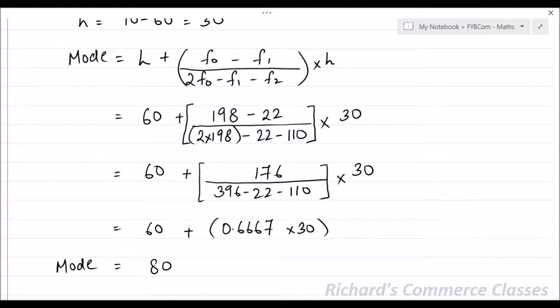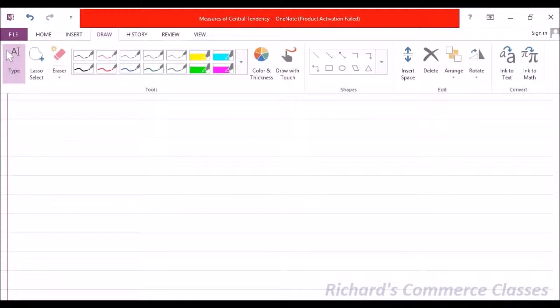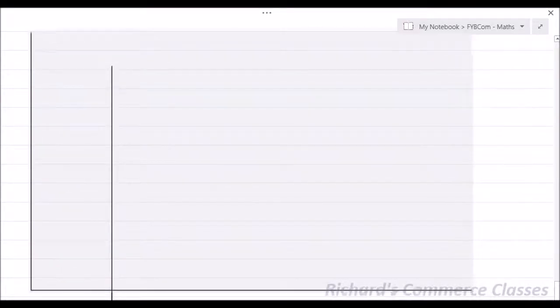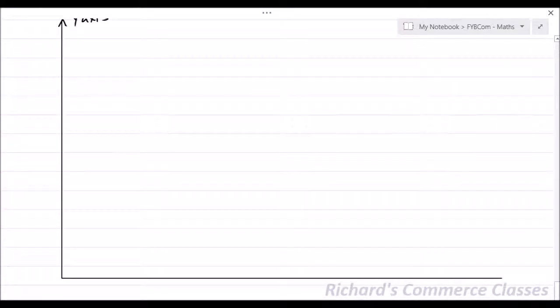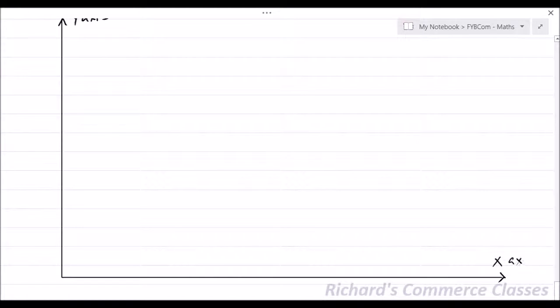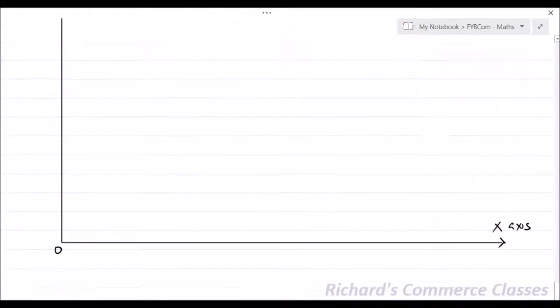Now let us see how to obtain the mode graphically. Again, you need to start by preparing the x and y axis. On the x-axis, we will have our class boundaries.